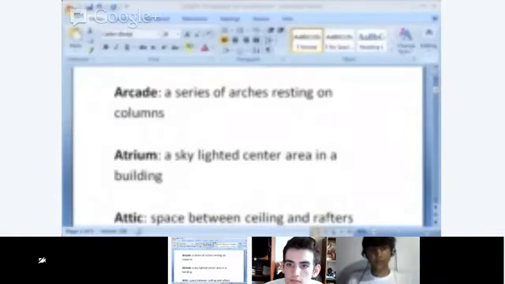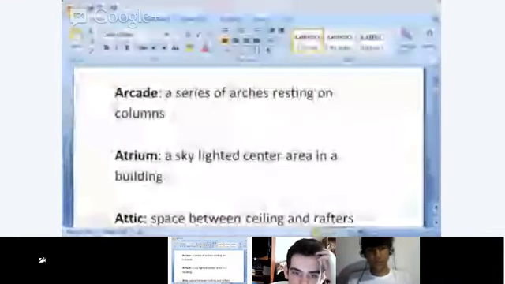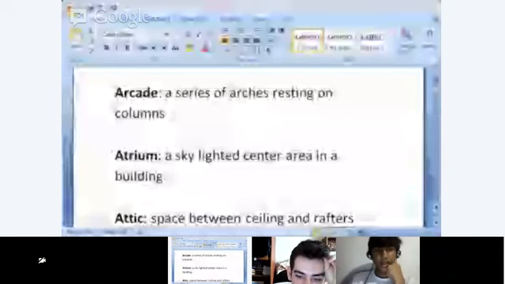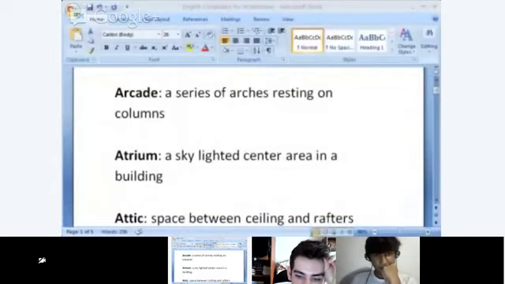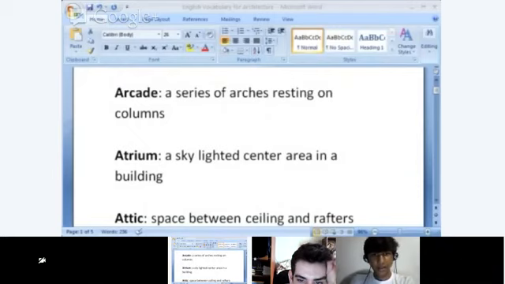Can you read the next one? Atrium. And the definition? A sky-lighted center area in a building. Now, do you see atriums in Brazil?